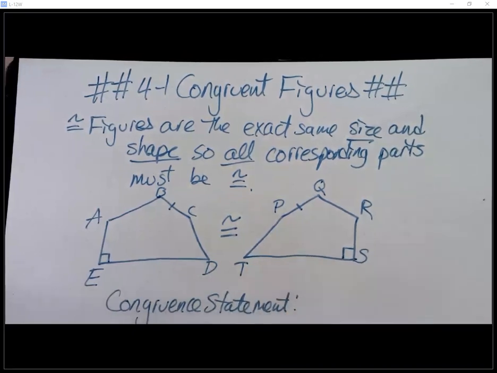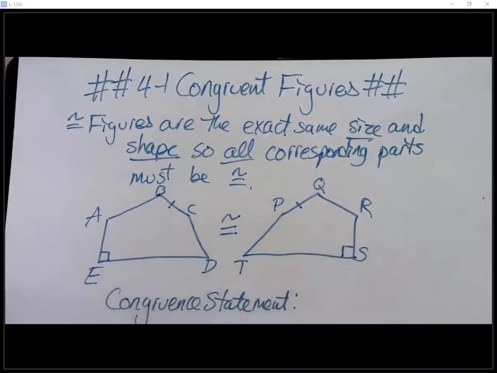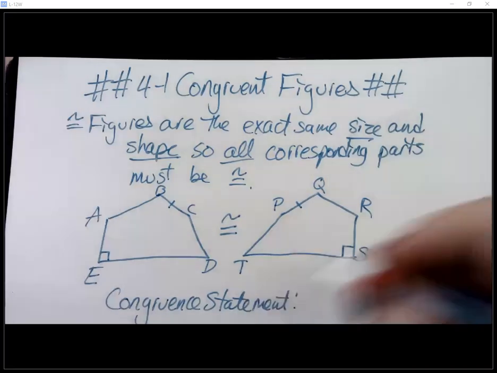And basically all that is saying, hey, figure A is congruent to figure B, but when we name them, you can name the first one any way you want, but here's the trick. So for the first one, I'll just name it A, B, C, D, E.